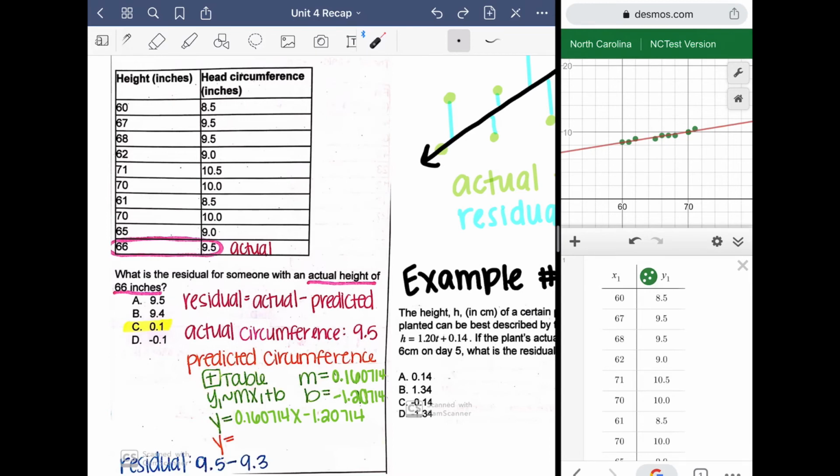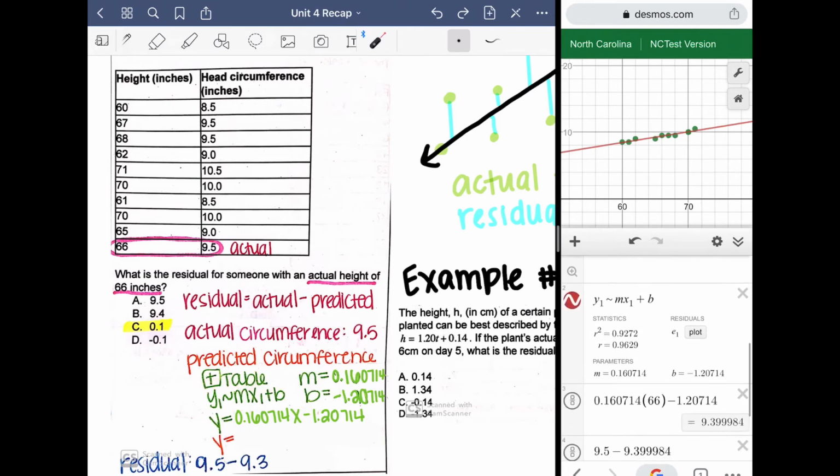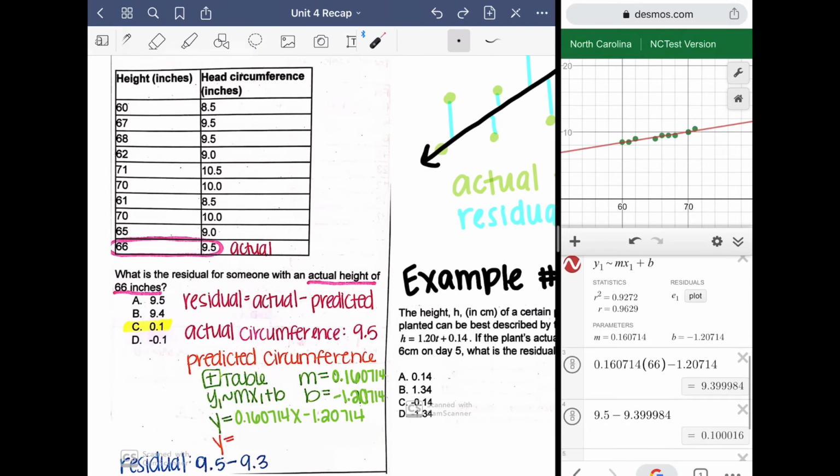So I've got my table in Desmos. I've got my y1 squiggle mx1 plus b in Desmos. That tells me m and b so that I can write the equation. Now I need to know the predicted circumference, so the predicted y value if x is 66.